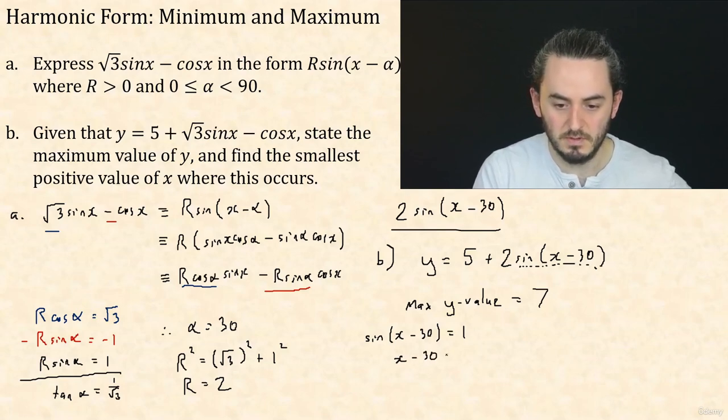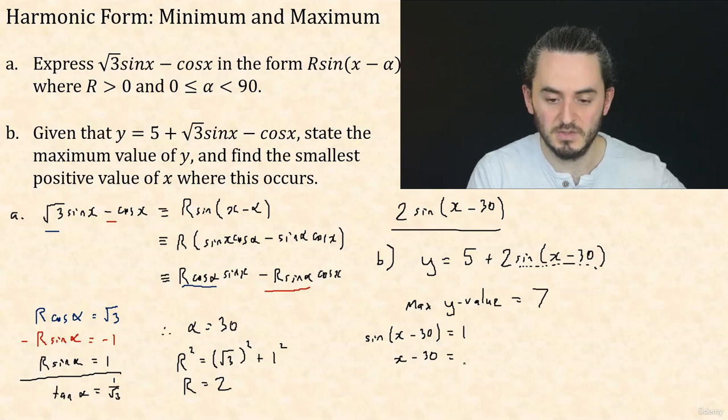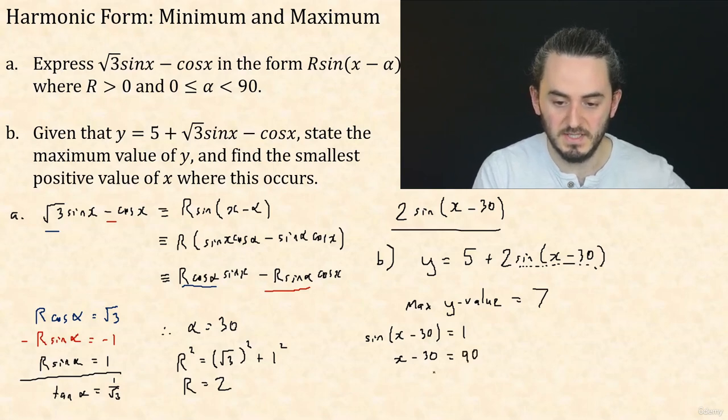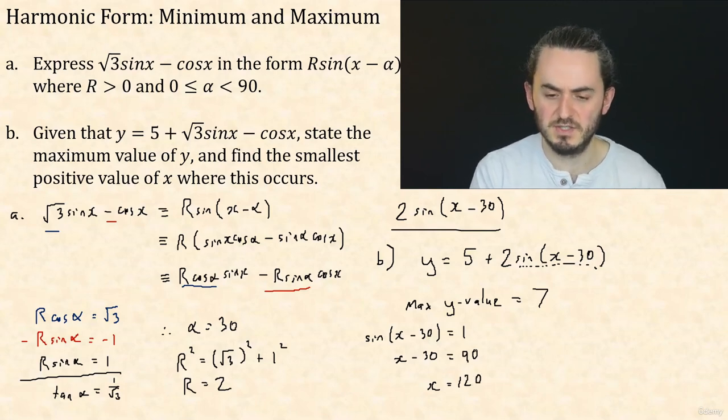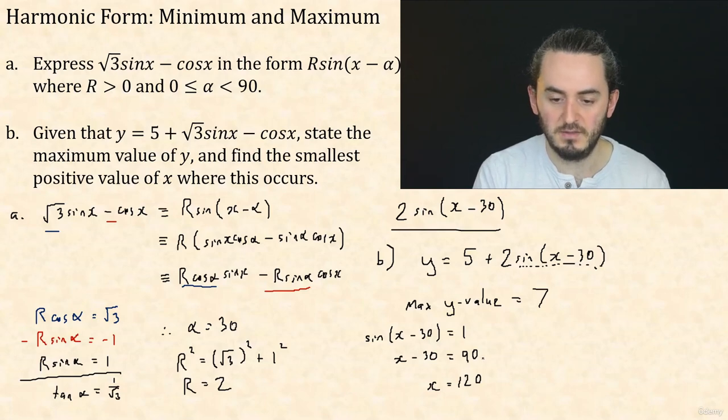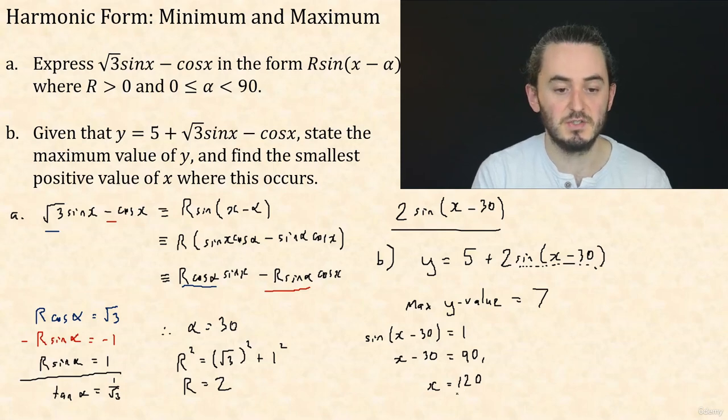Well, sine of 90 is 1, so I just need 90 here, and then I need to add 30, and it's 120. Now, of course, I should check that this is the smallest positive value that this is true for, but if I try anything smaller, the previous value where sine was 1 is minus 270, and that would give me a negative number. So x equals 120 is the smallest positive value of x where this occurs.